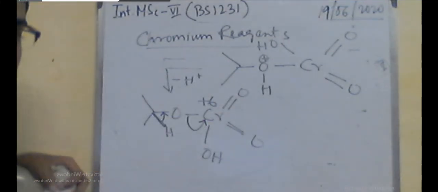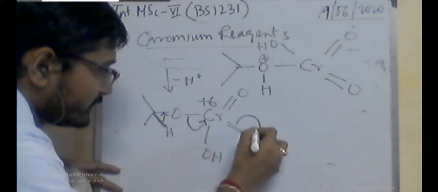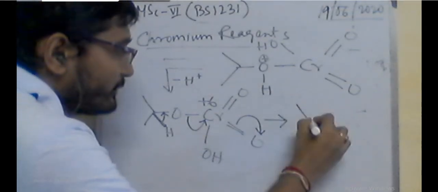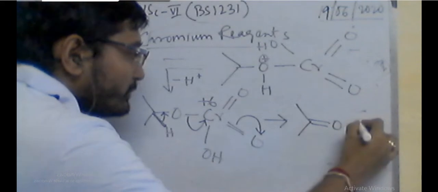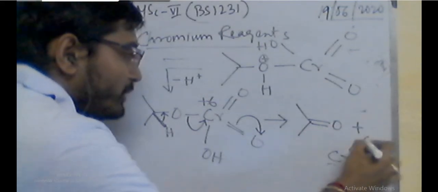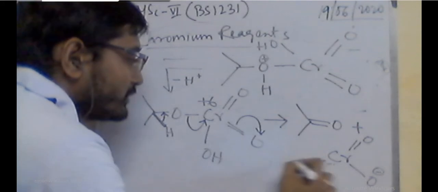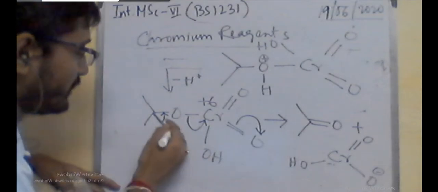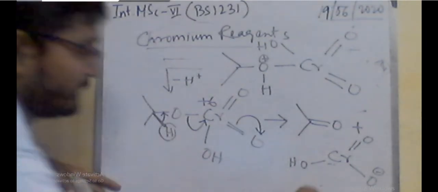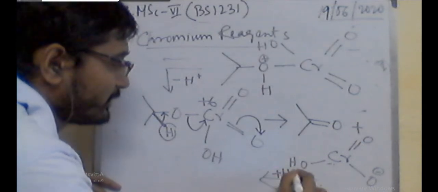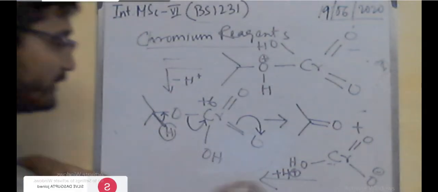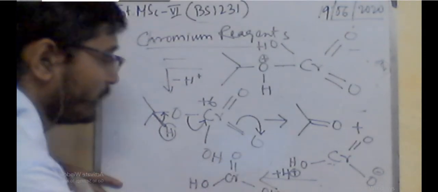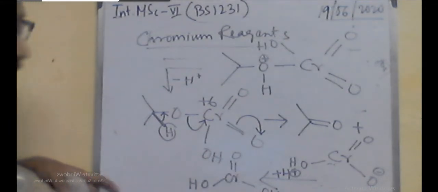This O minus is immediately protonated, that means it accepts a proton, so that it generates Cr double bond O, OH. Now you can see the oxidation state of the chromium is reduced from +6 to +4, because the oxygen contributes -1 and this is -2. As a whole the molecule is neutral, so the oxidation state is +4. This is the mechanistic pathway by which the chromium reagent acts as an oxidizing agent.